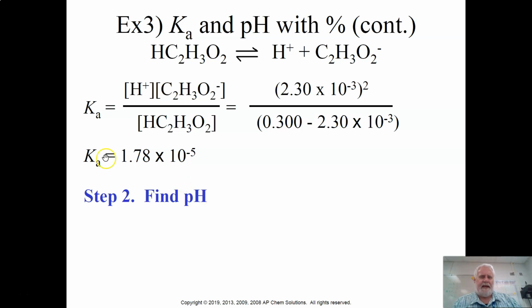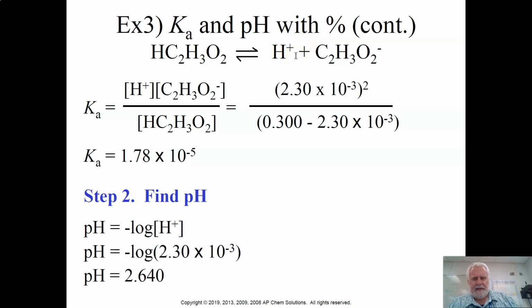So to find the pH, you've already got the hydrogen ion concentration, so you can just do the negative log of that. And this is one to be careful with. We recognize that we are at 3 sig figs, so 2.640 is the pH in that particular problem.